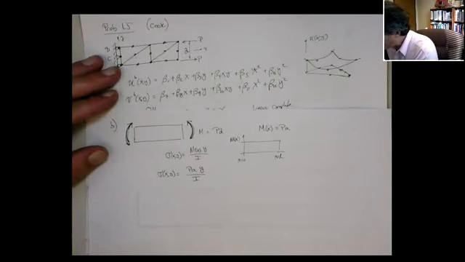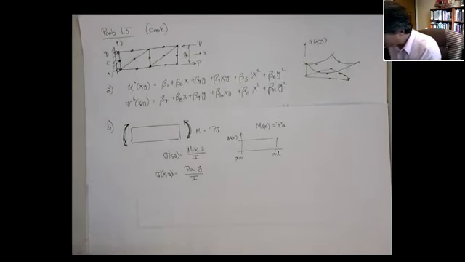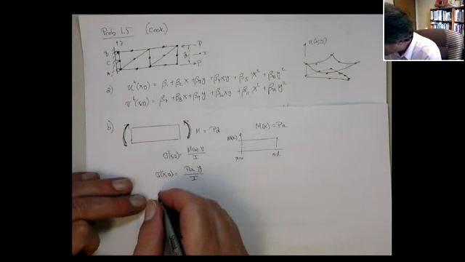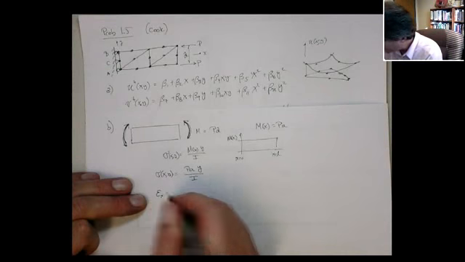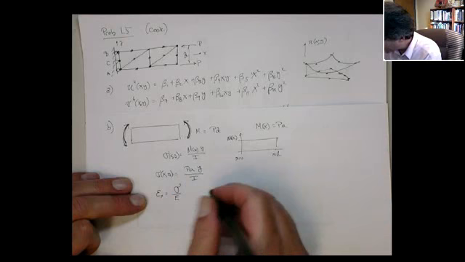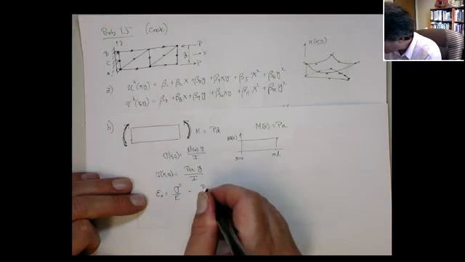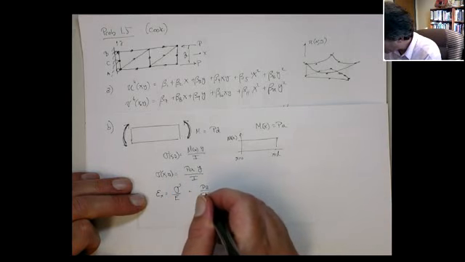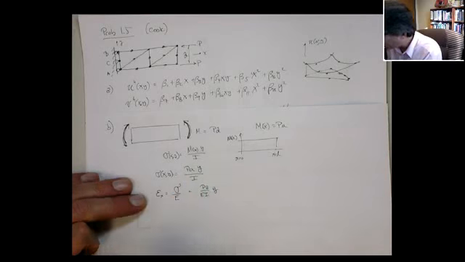So, for example, we know that the normal strain is going to be roughly the stress divided by Young's modulus. So that would be PA on EI times y.